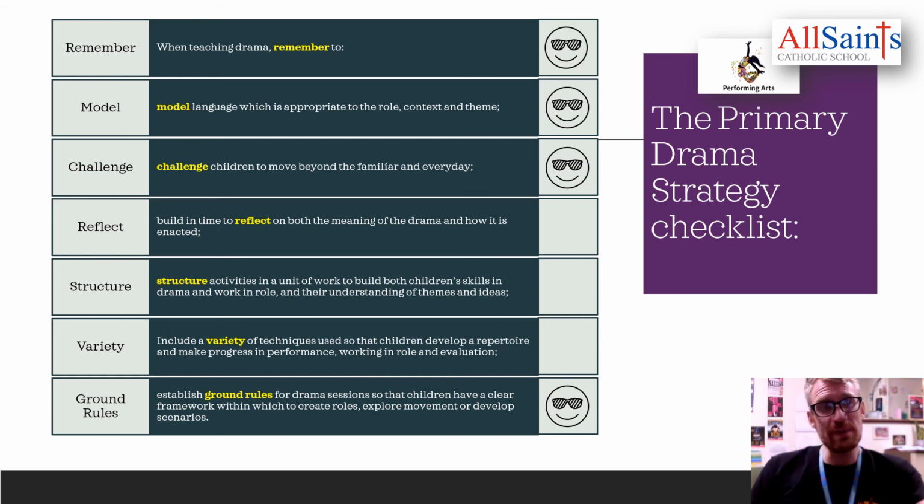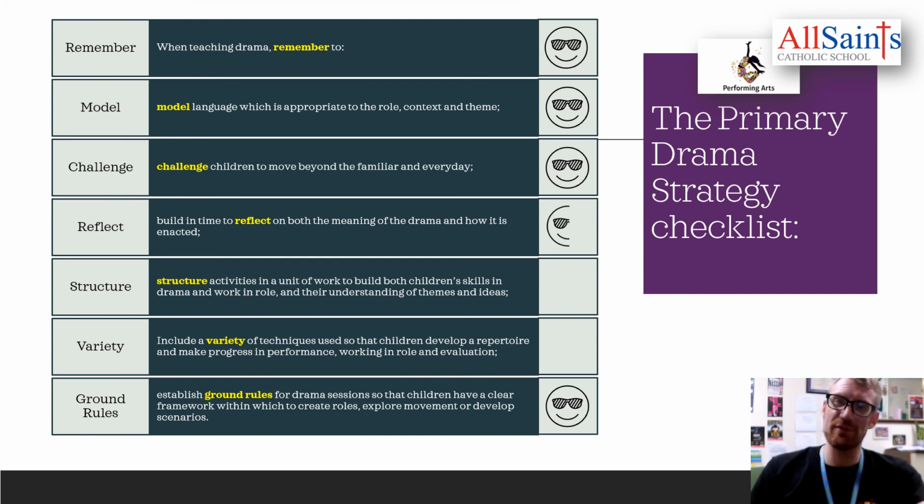Challenge children to move beyond the familiar and the everyday. We've just asked children to be the inner voices of a character in turmoil and to become the angel and devil for that character. That's a bit beyond the everyday really, so I think we've done that one too.